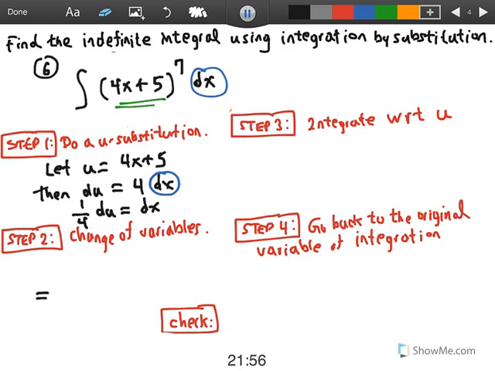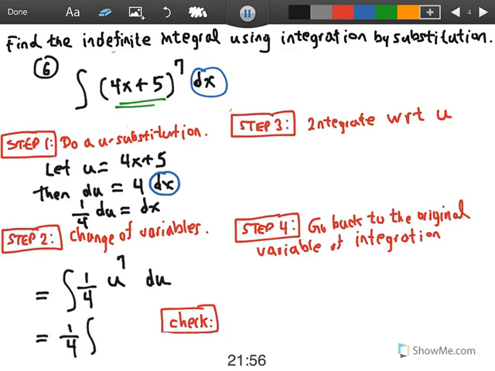This will now allow us to do our change of variables step. We can replace dx with 1/4 du, and the integrand 4x plus 5 can be replaced with u, so we have u to the 7th.